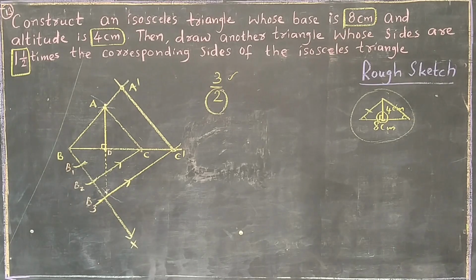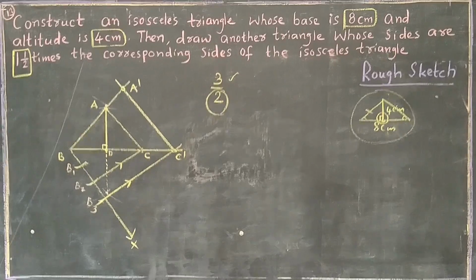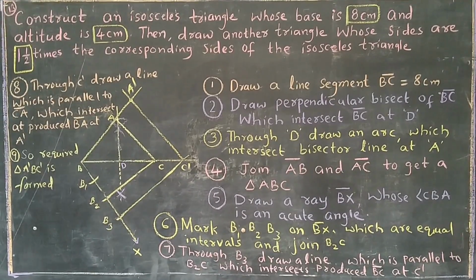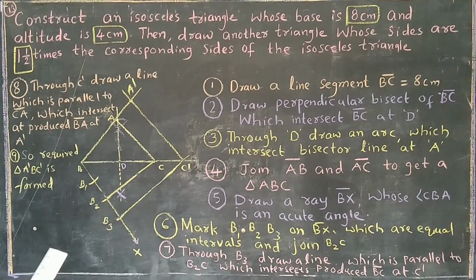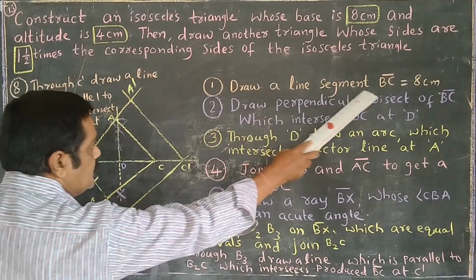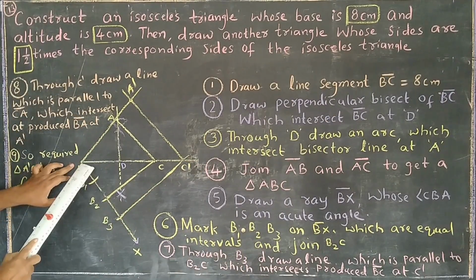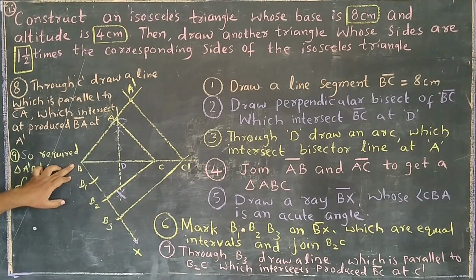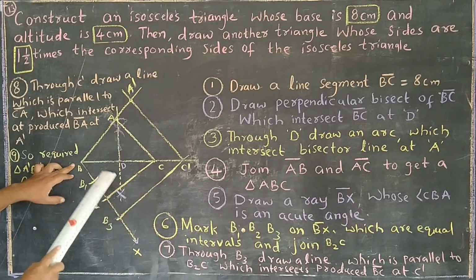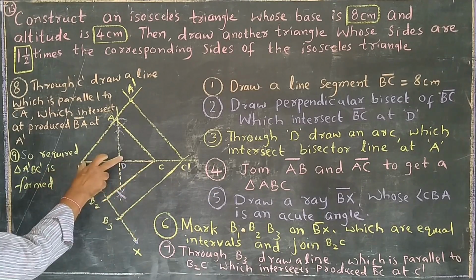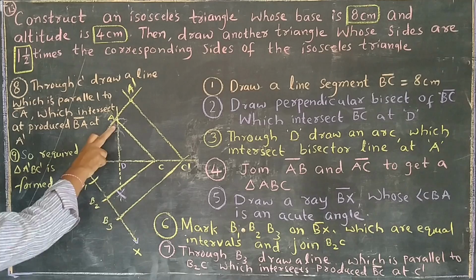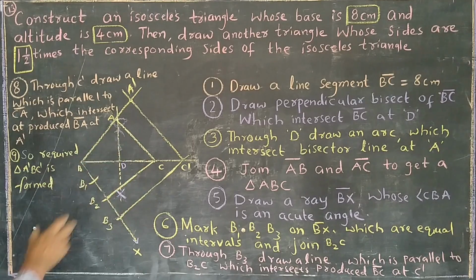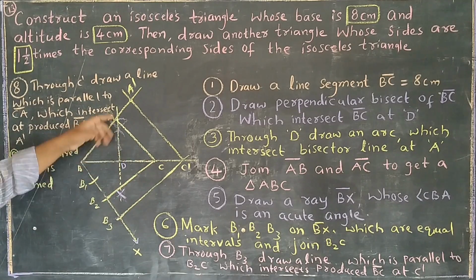Now see the steps. First, draw a line segment BC equal to 8 centimeters. Next, draw the perpendicular bisector of BC: taking more than half, draw two arcs.